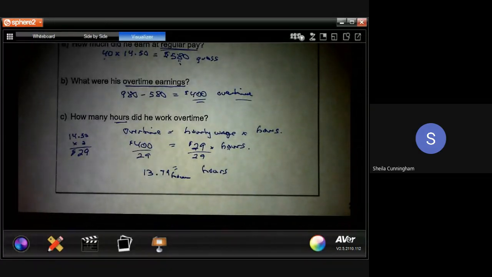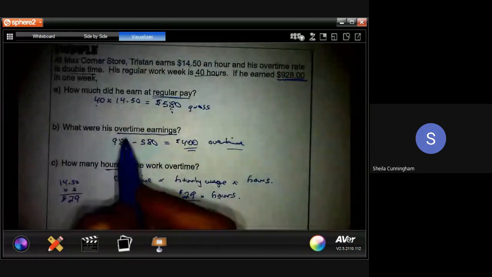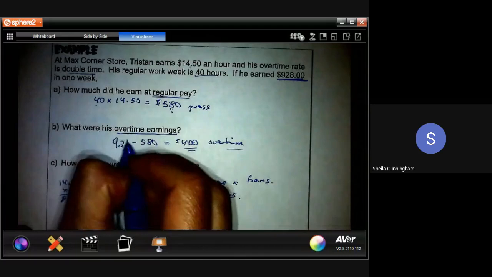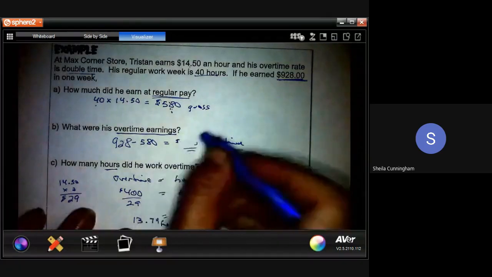That seems kind of funny that it came out that way, but I'm just going to do a double check here to make sure everything else along the way. Oh, because this, my bad, this was 928. So this here should be 928. So 928 subtract 580 gives me 348.